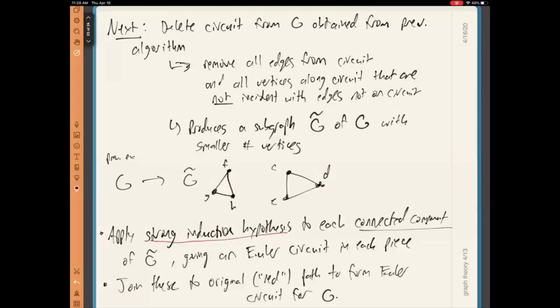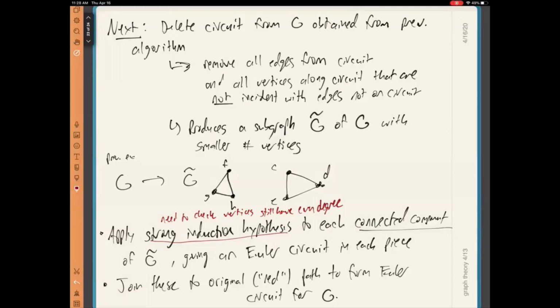But we also want to make sure that the vertices in each component have even degree, right? So I need to check that vertices still have even degree. And once I do check that they have even degree, then this process is valid, right?